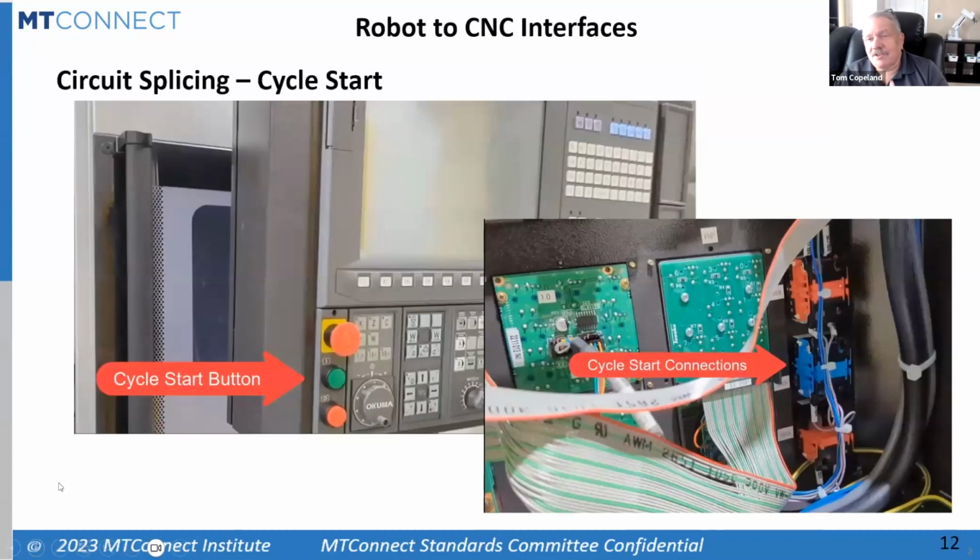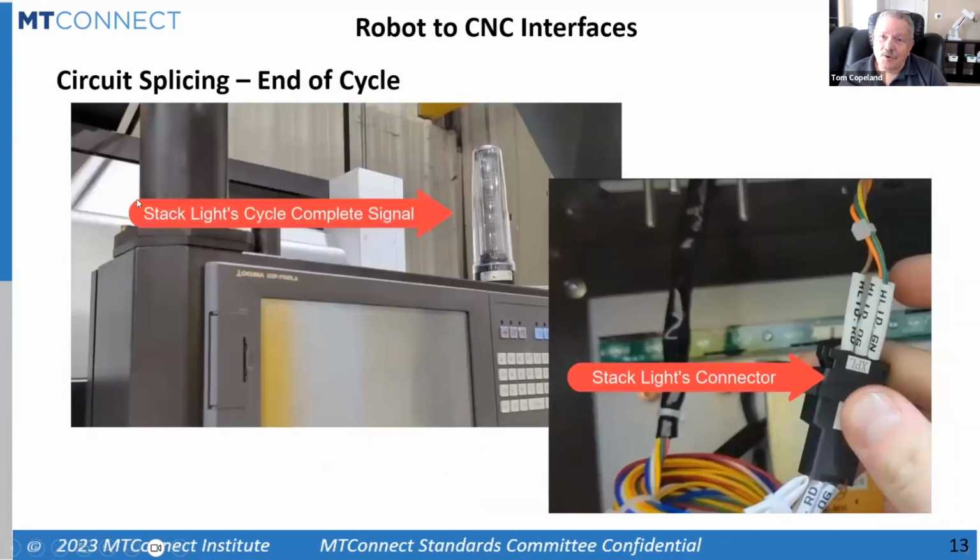The next group I call circuit splicing. This is probably the worst nightmare for OEMs, where we're tapping into the circuitry of the cycle start connection, and also tapping into the circuitry of the stack light to get a cycle complete signal feedback.